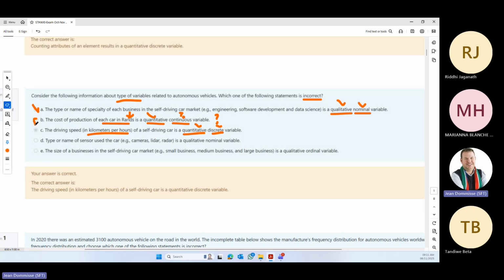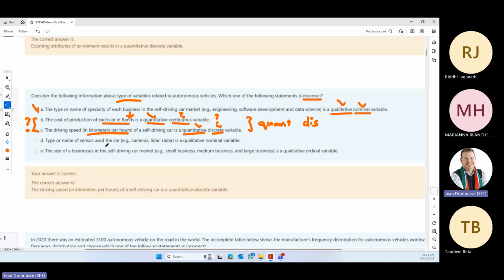So for these two, because they say in rands and in kilometers, it's 1, 2, 3, 4, 5 kilometers, or whatever kilometers. So both of these would have been for me quantitative discrete. So I will just find out about that one.